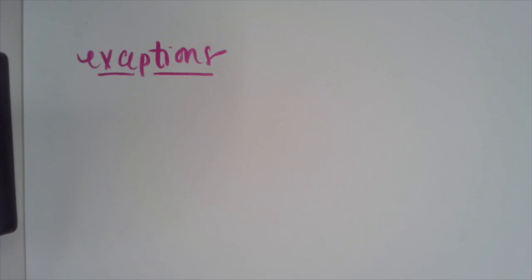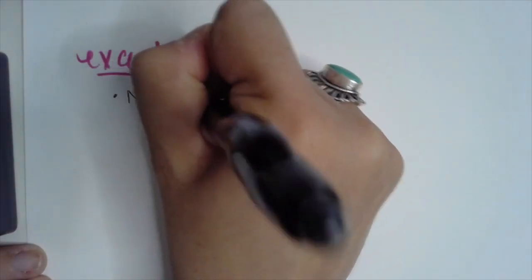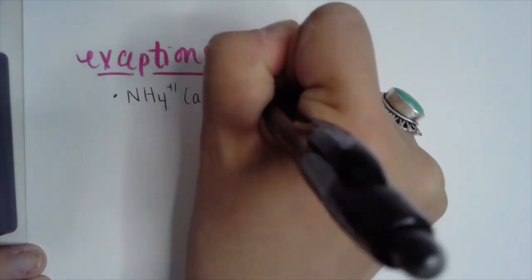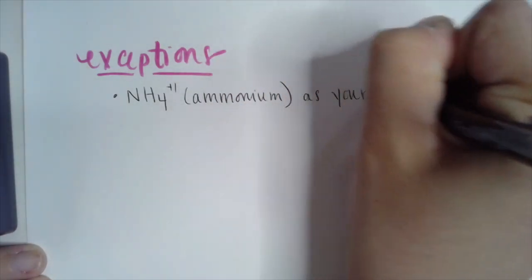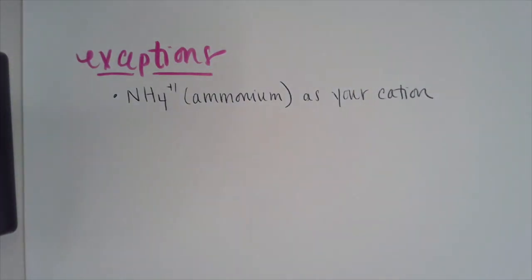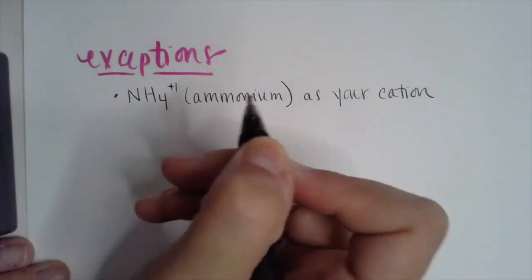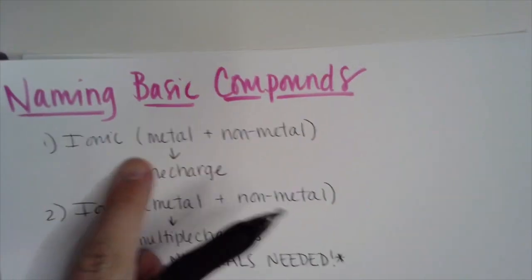The first exception is when you have ammonium as your cation. So if you just look at that formula, ammonium doesn't have a metal in it. However, you still want to name this as if it was an ionic compound.